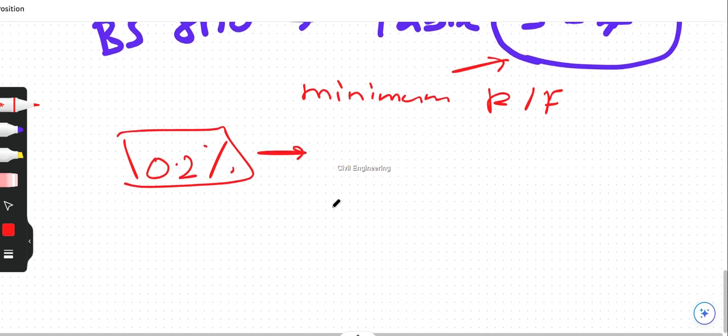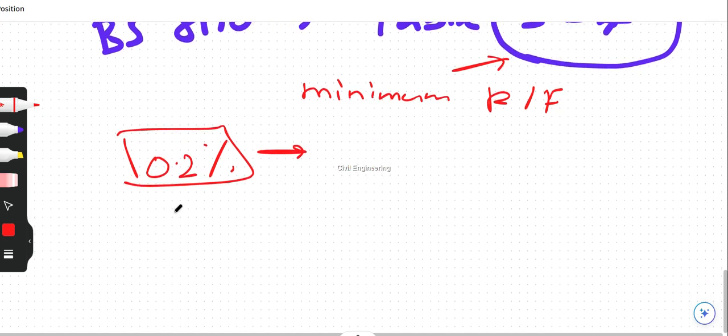Okay, let's check the percentage of reinforcement we have supplied. Here this 0.2% is from the concrete section area.